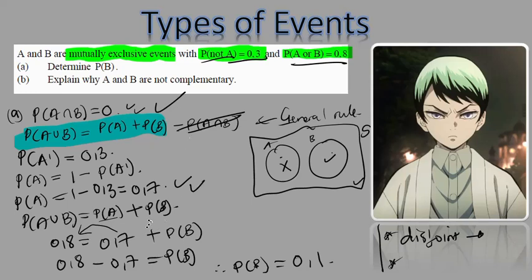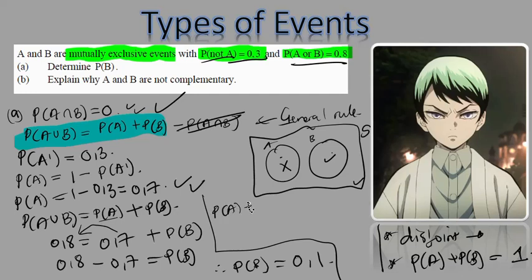Tick, that's a tick, because they actually do not have an intersection. And then number two, the probability of A plus the probability of B should give us the sample space, which is 1, right? So do I have the probability of A and the probability of B? Yes. So let me see.